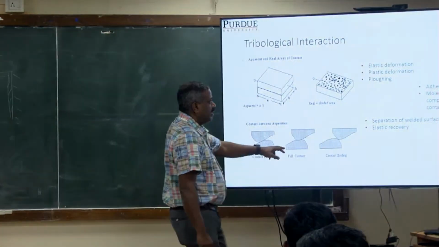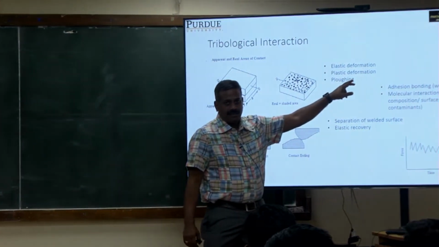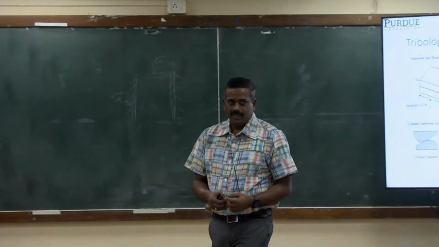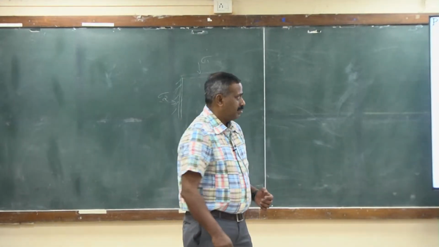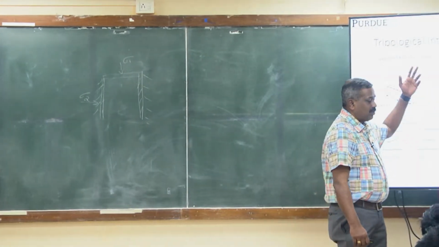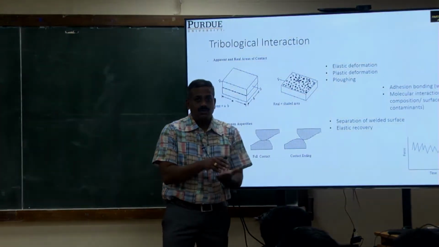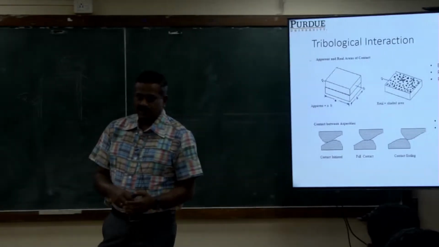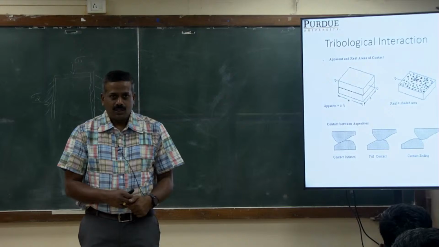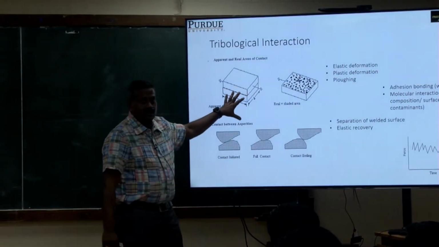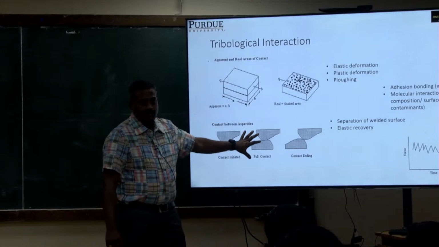If forces are high, then you might see plastic deformation, right? Some materials breaking, right? Some materials on one or the other surface will break, and sometimes one surface can plow through the other surface. That means there is more shearing of materials, right? So all these actions occur when one material moves over the other material.